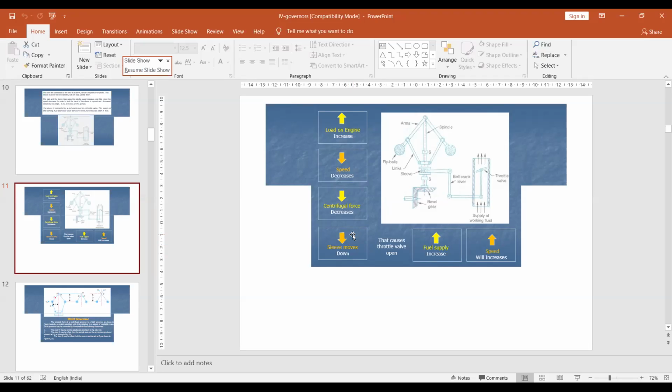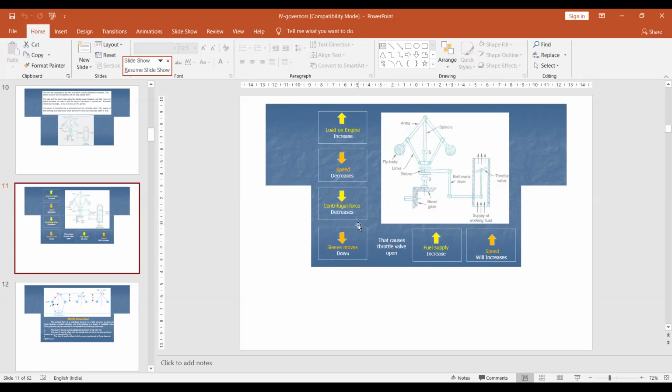That means we will require more fuel supply for the engine to maintain its mean speed. So the throttle valve will open, and then the speed will increase. That system happens in our automobiles.